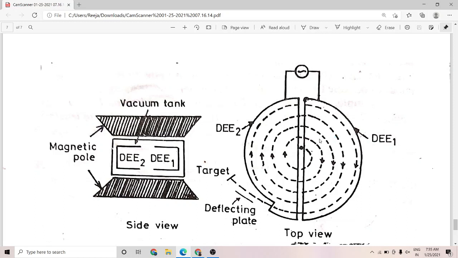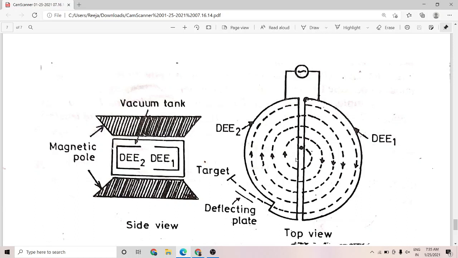Inside the D, the ion is under the action of only the magnetic field, and the ion travels in a circular path of radius r. We can calculate that radius by equating the magnetic force with the centripetal force. For every body moving in a circular path, there will be a centripetal force mv²/r, and the source for the centripetal force here is the magnetic force.